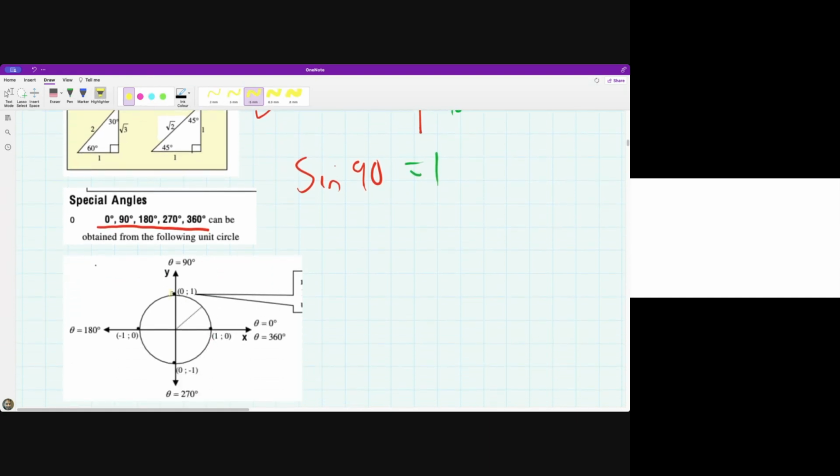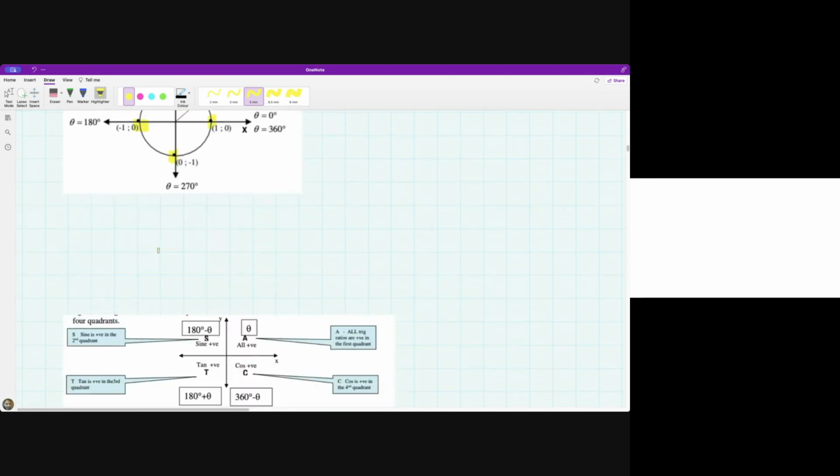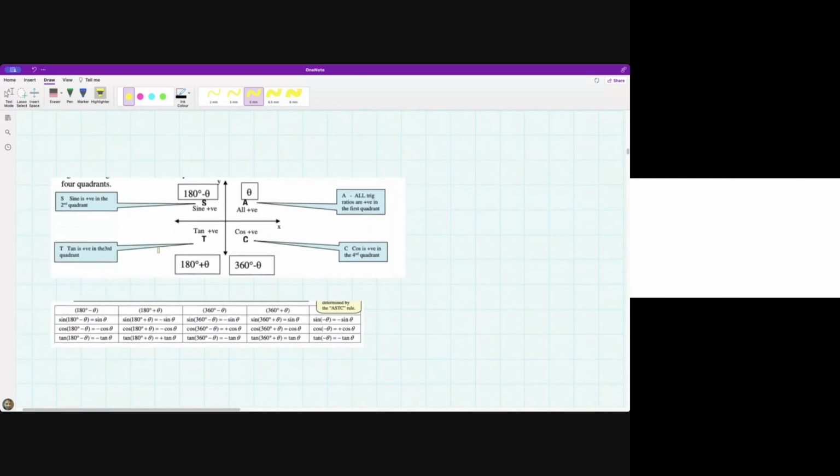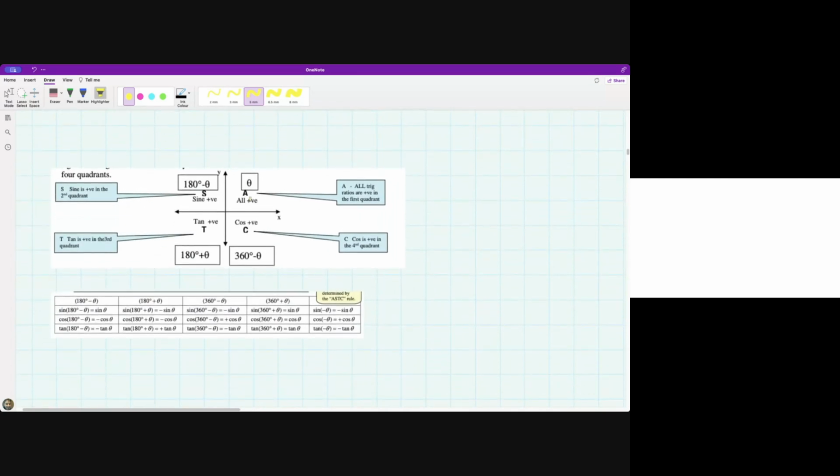So here's the 90-degree angle, here's the 180, there's the 270. Your calculator can help you out, but you're meant to show some evidence that you understand where it came from. Okay, special triangles.